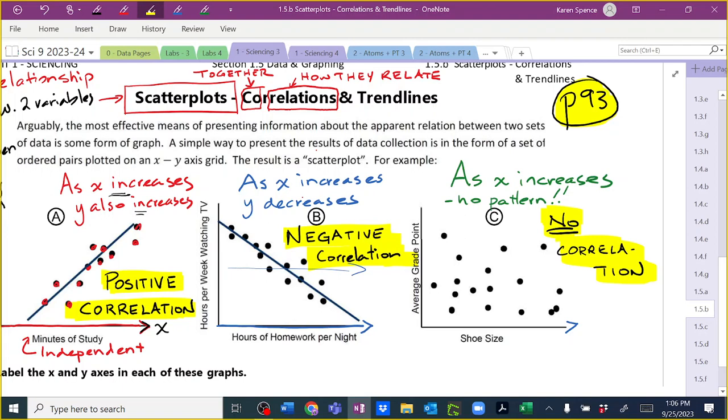Don't write that down. What do we call a variable that does not change? That does not change. Yes. Controlled variable. The variable that does not change is the controlled variable.